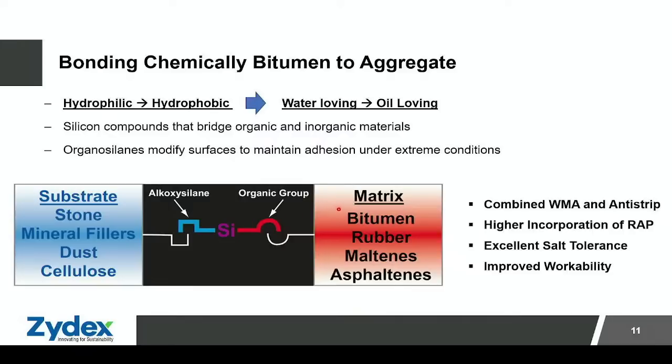So in this technology we are combining the organic and inorganic by using alkoxysilane with an organic group. This technology is compatible with SMA, PMB, CRMB, as well as WMA technology. We have combined WMA and anti-strip, which goes in this Zycotherm, and higher incorporation of RAP is possible. We have excellent salt tolerance, and eventually this gives us improved workability.